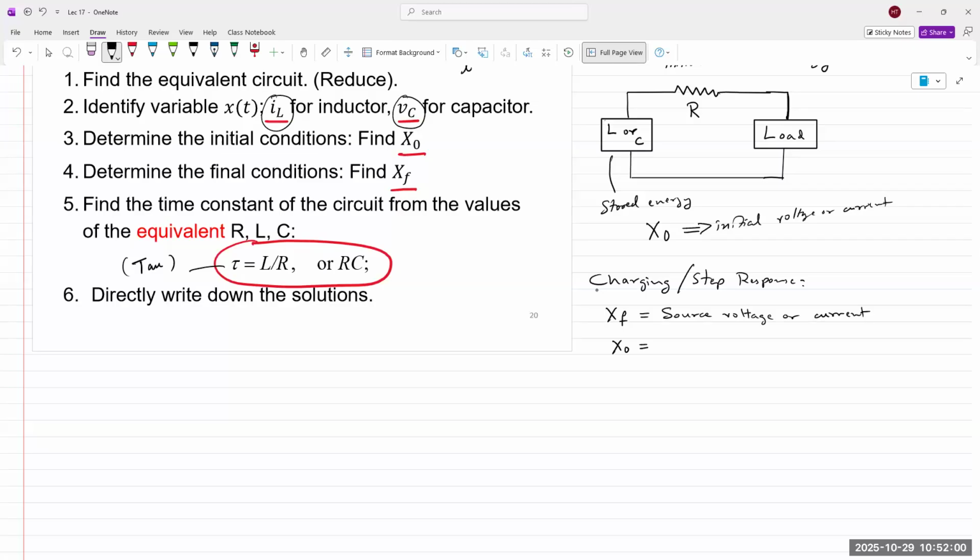X0 could be 0 or could be any other value. Okay. So if it's completely discharged, then there's no value, there is no stored energy. But if it has some residual energy from the previous step, then X0 would be provided in the problem statement. So it could be 0, it could be any other value.